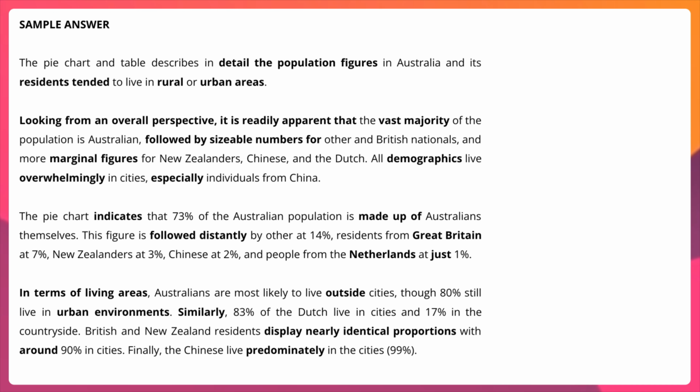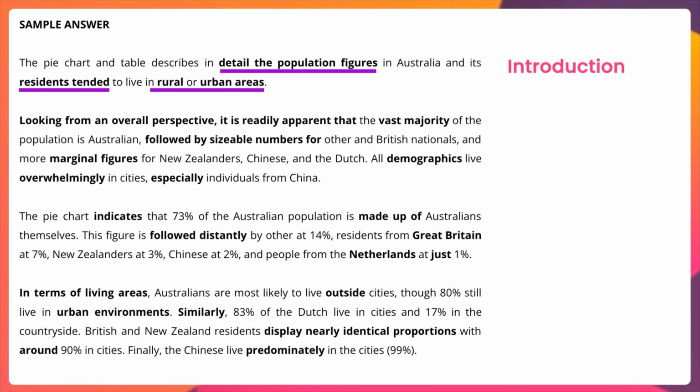The first paragraph is the introduction statement. It says the pie chart and table describe in detail the population figures in Australia, and its residents tended to live in rural or urban areas. Rural, that means countryside. Urban areas, that means population in the city area.